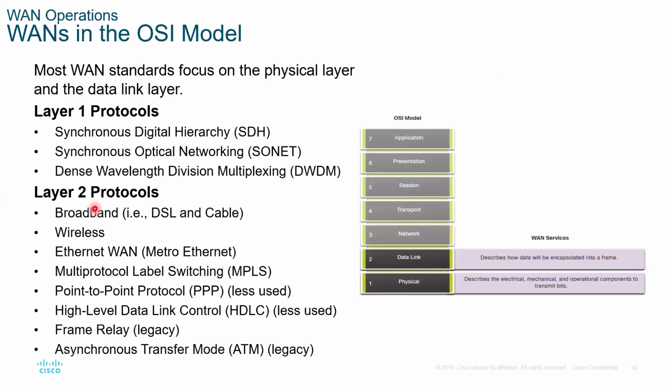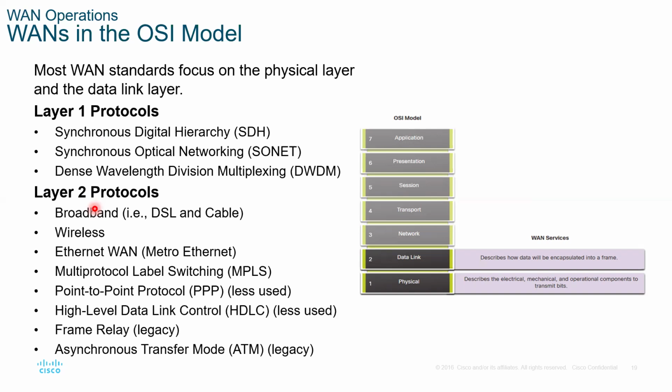Right. In the OSI model, wide area network protocols are basically in layer one and layer two. With layer one protocols, we have SDH, SONET, and DWDM, which is dense wavelength division multiplexing.